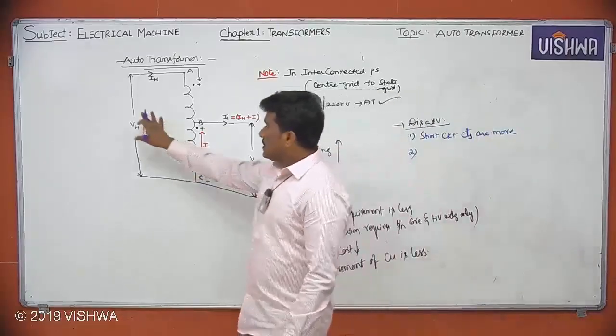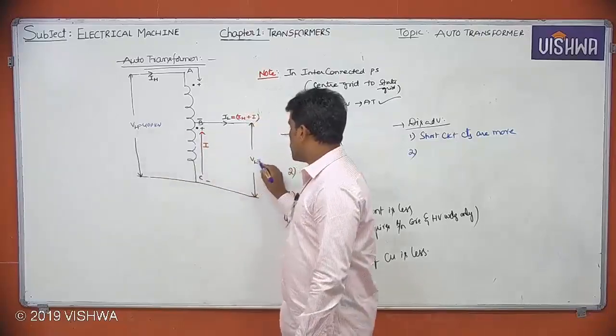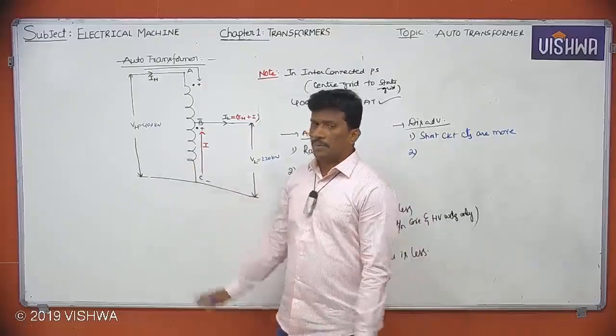Number two. Suppose, for example, I take 400 kV and 220 kV. What is the main problem here?